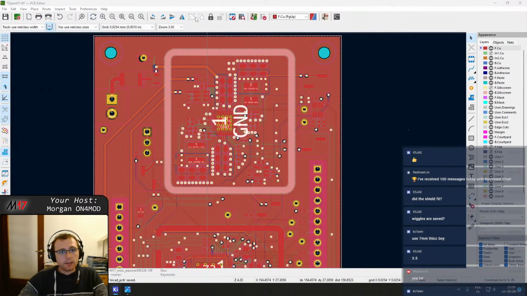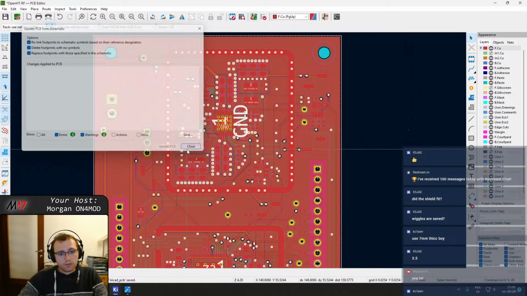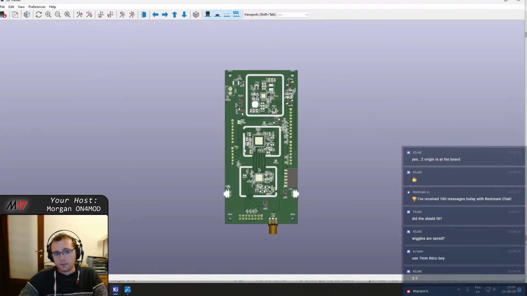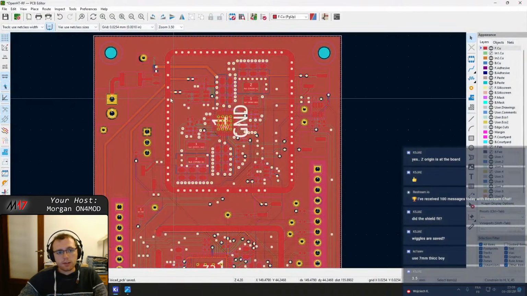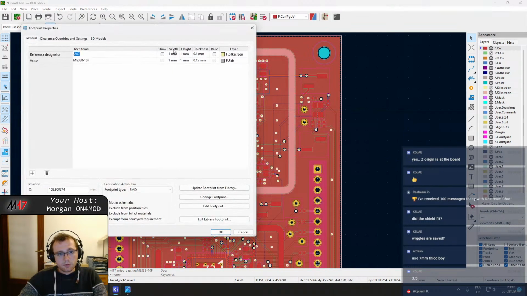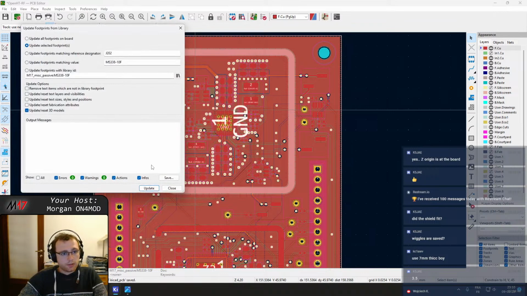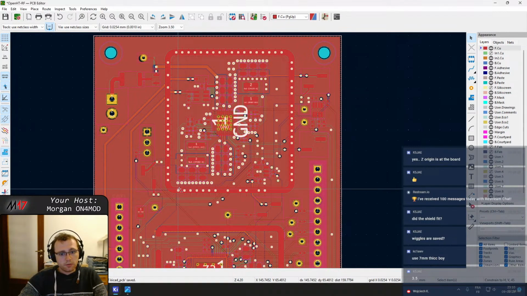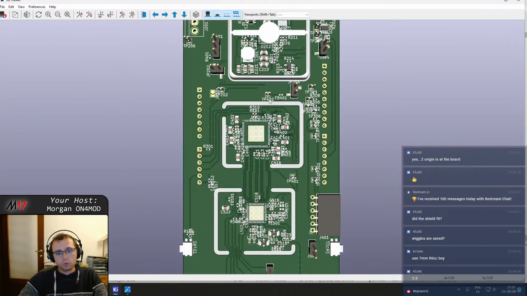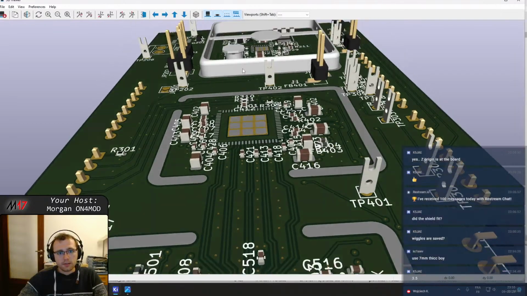So that means that it's not displaying yet because I believe I need to general update footprint. Woo! Nice.